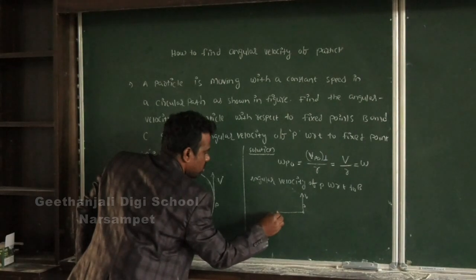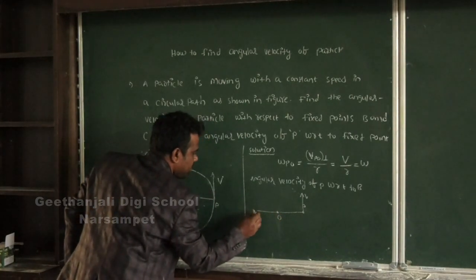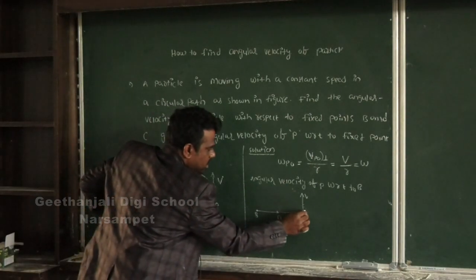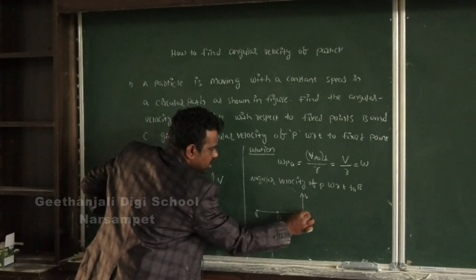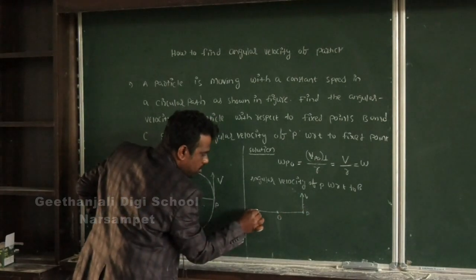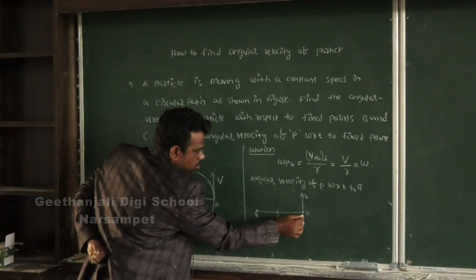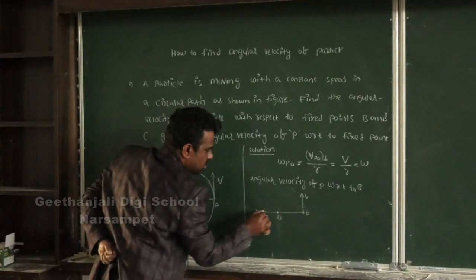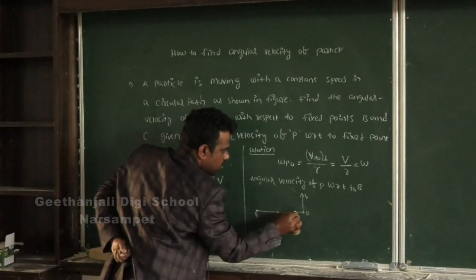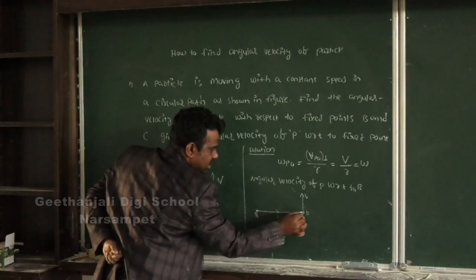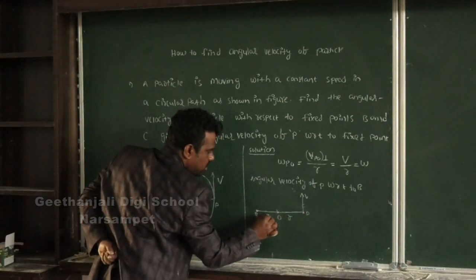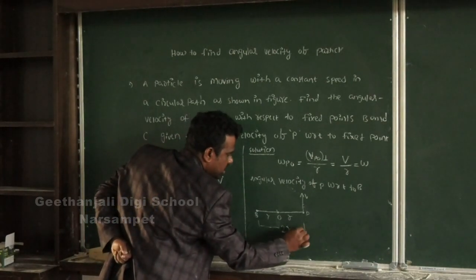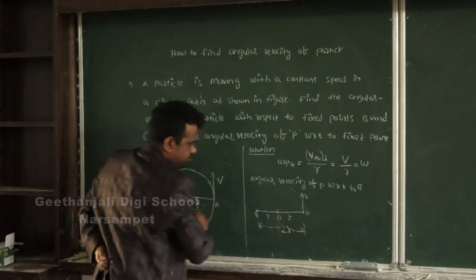This is O, this is another fixed point B. You need to find the angular velocity of P with respect to B. So let us draw the position vector of P with respect to B like this. What is this total length? We know this length is R, this length is also R. The total length will become 2R.